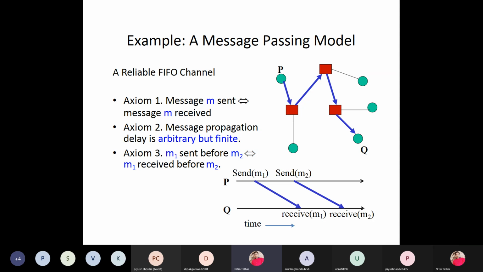Just for your information, this shows how messages travel in a network. This is message propagation, with arbitrary but finite delay in message receipt. From this diagram you can understand when the message is sent, when it is received, and the flow of that message in a network.